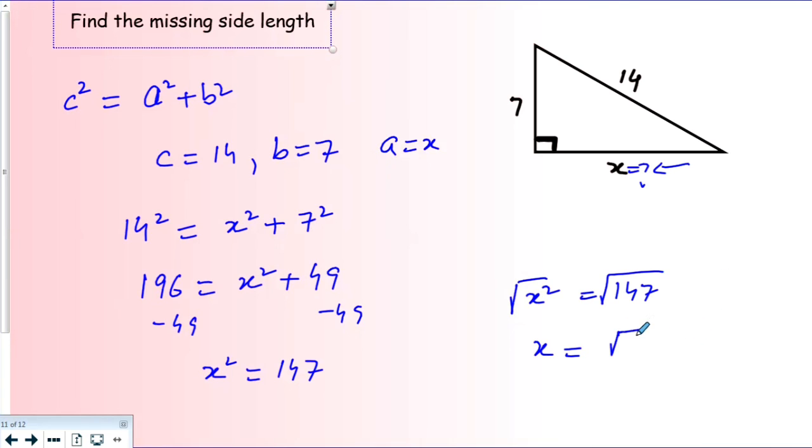If we need to simplify it, we need to find factors. 49 times 3 is 147. So we can write it as 7 times the square root of 3, because the square root of 49 is 7. So this is the missing length of one side. This is how we can use the Pythagorean theorem. Thank you.